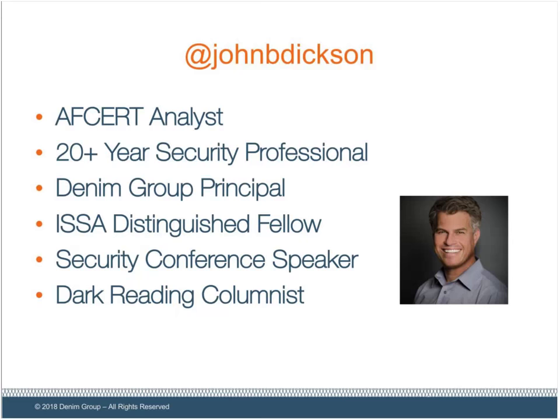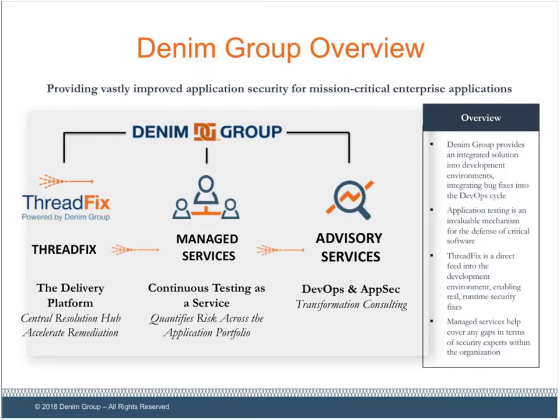The other thing is I'm a consultant, so the cool thing is we see lots and lots of client environments. So we do have a portfolio of experiences there. The company that I run with two principals, Dan Cornell and Sheridan Chambers, in the management team is called Denim Group. We do a tremendous amount of application security testing and have, I would say, the scar tissue associated with IoT testing.